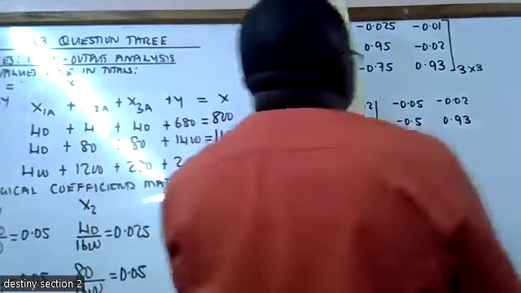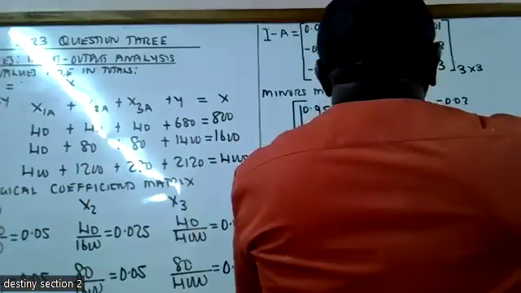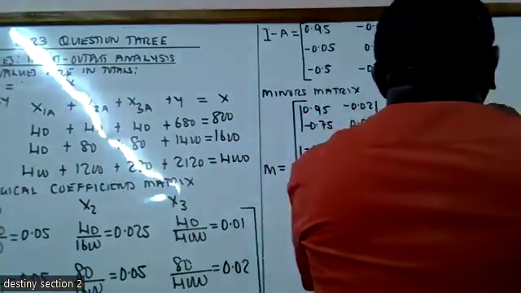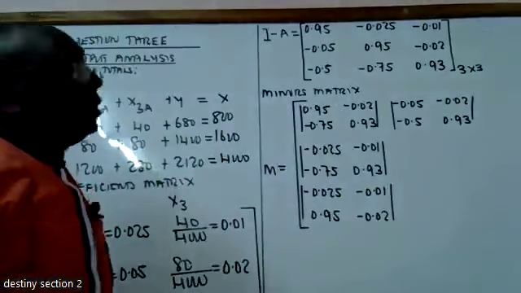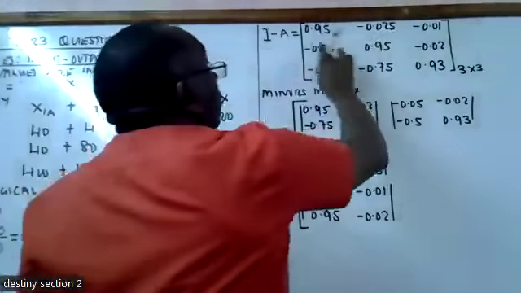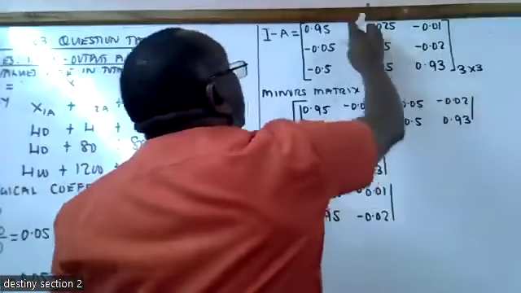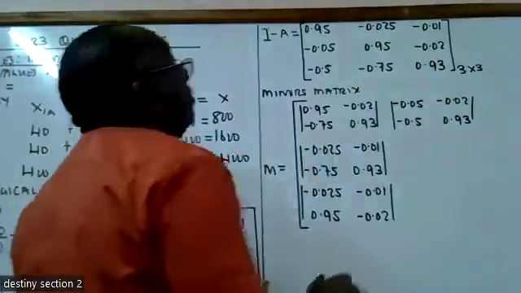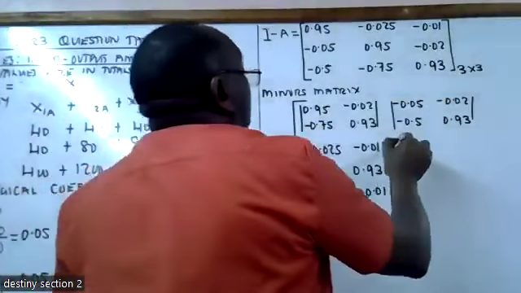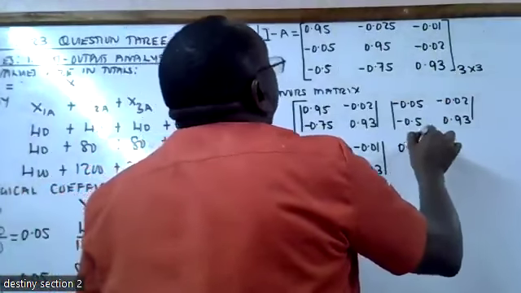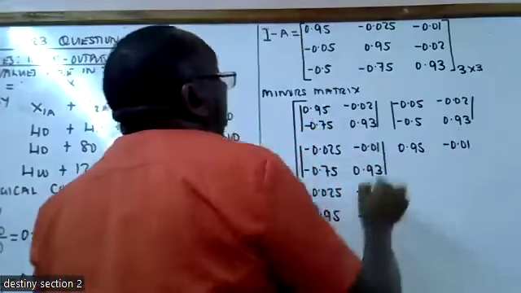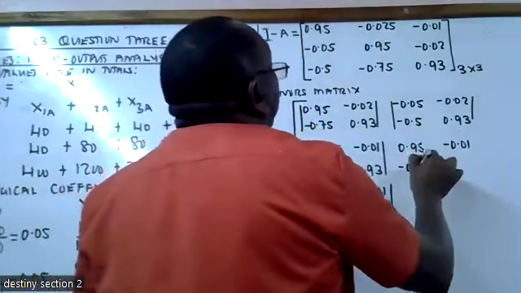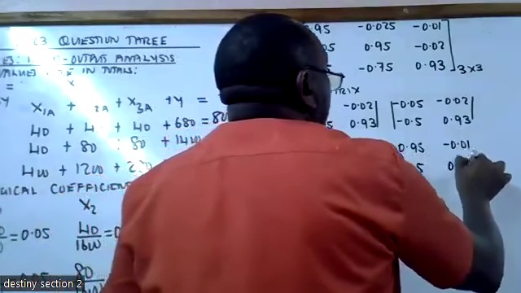Hizo ndio utaachiwa, halafu unafunga hivi. Kuja kwa hii, you broke the second row, the second column, unaachwa na 0.95 minus 0.01 halafu minus 0.5 0.93.